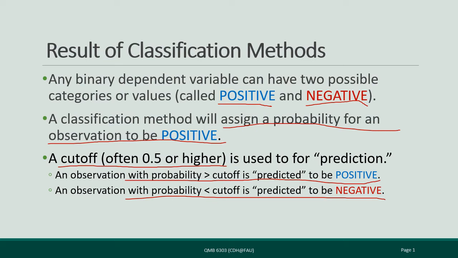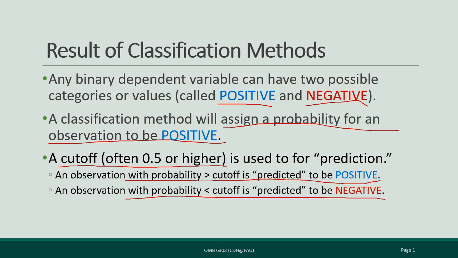Let's say that all of these factors tell us that this person has a 95% chance of not defaulting. And we have a cutoff of 75%. Then we say, okay, this person has a positive outcome of being a good loan customer.